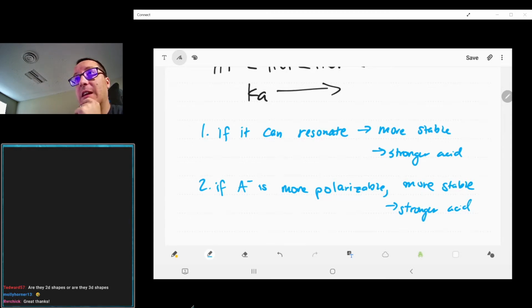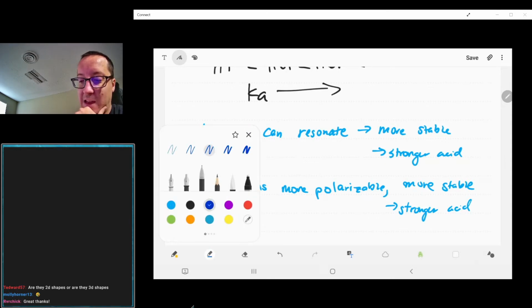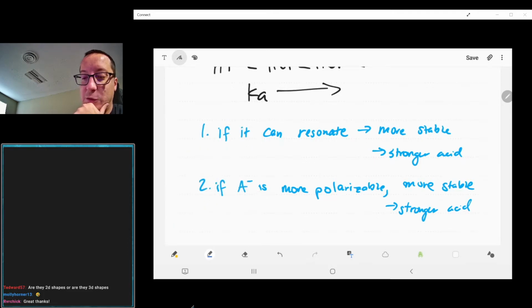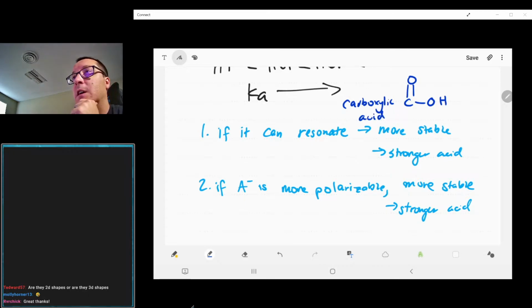So we're going to see here that the category we talked about, carboxylic acids, whatever they happen to have on the other side, these are the carboxylic acids. That would be something like acetic acid, oxalic acid, propanoic acid. All of these are carboxylic acids. Benzoic acid. They're going to be more stable than just alcohols, which are just those plain OH groups, because they can resonate.